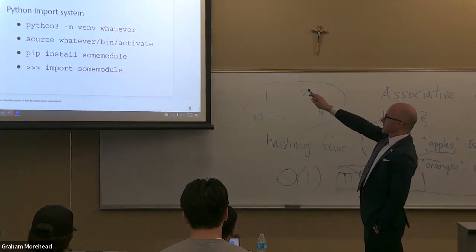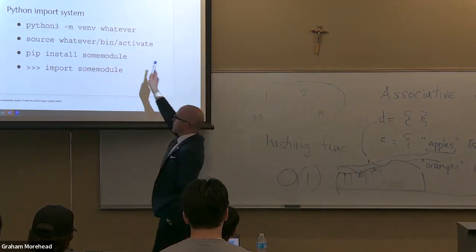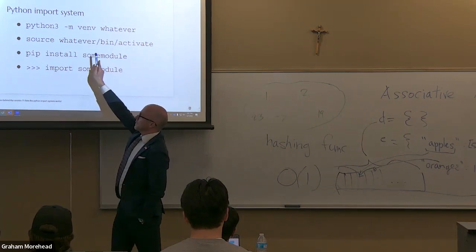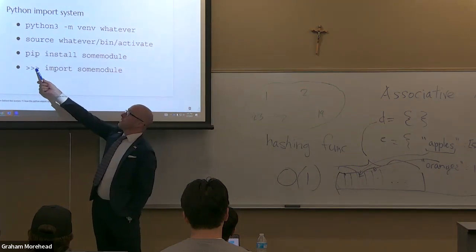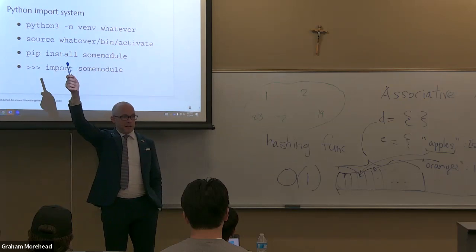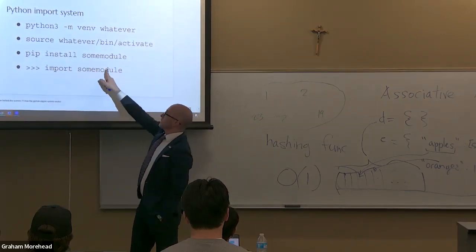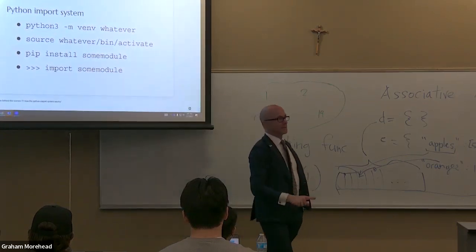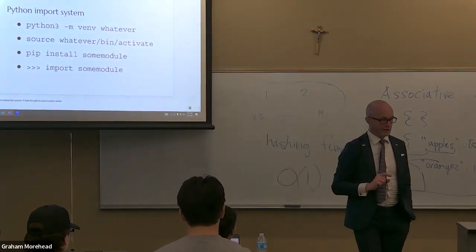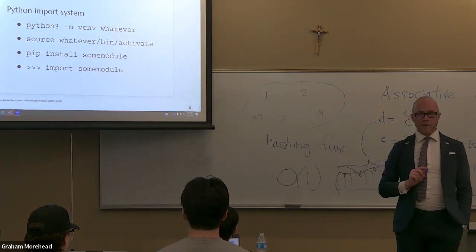So let's say we activate that, and then we install some module. Then when we start Python, and again, by running python, you'll get this kind of prompt. Then you can import it, but you probably can't import it until you've installed it.